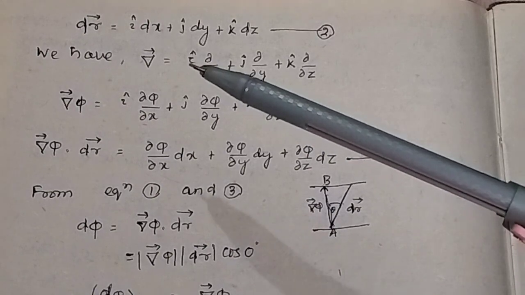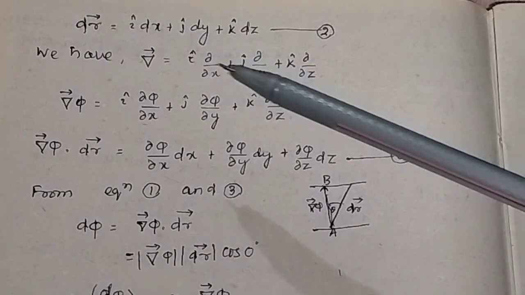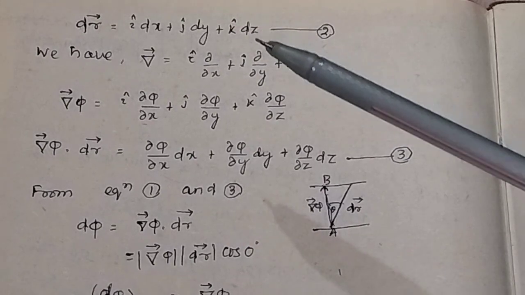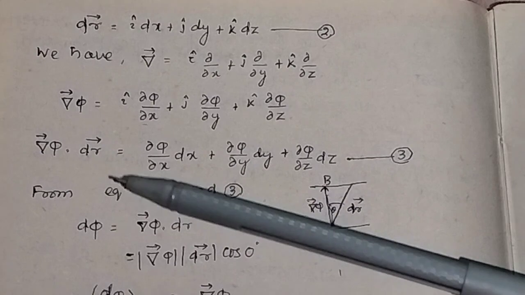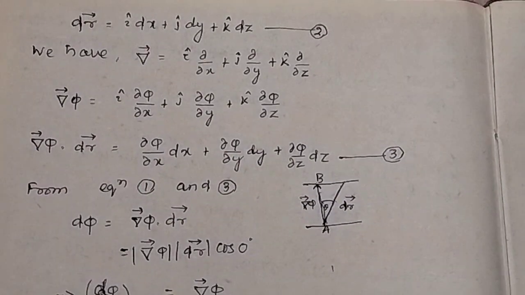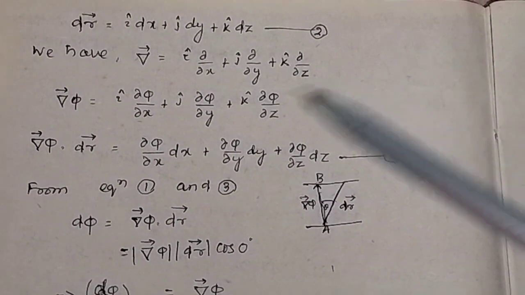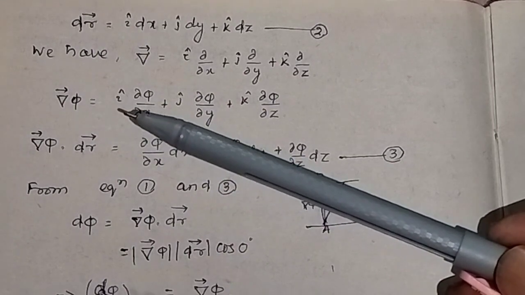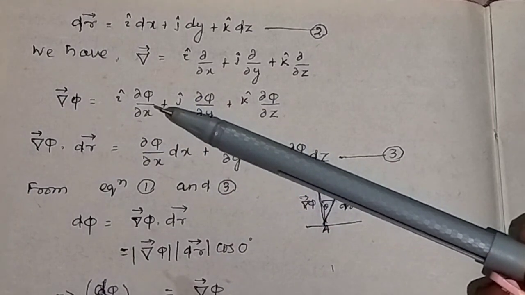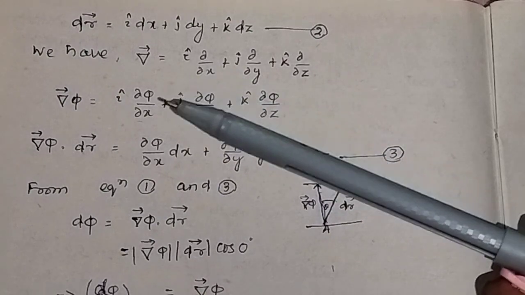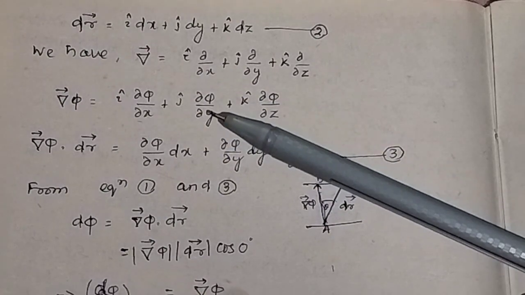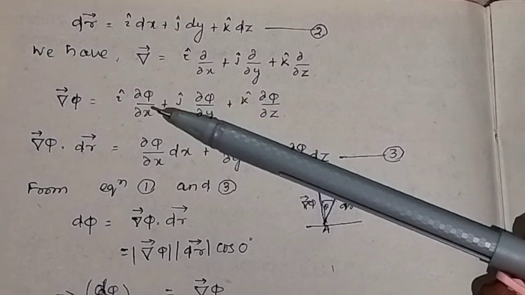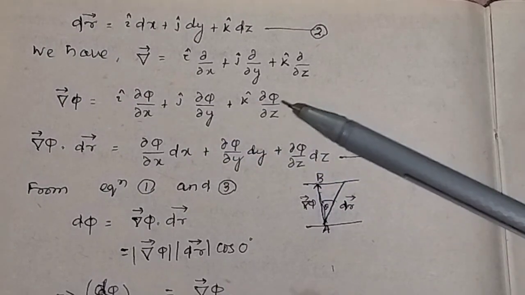Because phi is a scalar function, not a vector function, you only multiply phi into the del operator, because there will be change of the scalar function along the three directions.